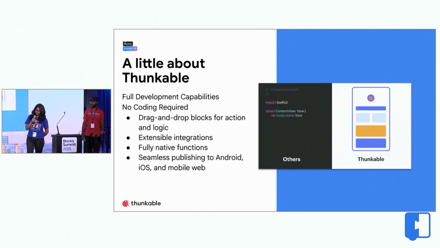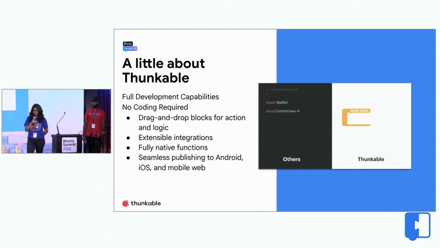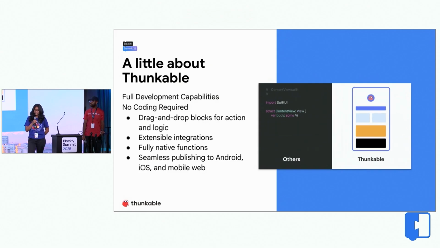A little bit more about Thunkable. We can see from the image here that in other text-based platforms, you have to type a lot in order to create mobile apps. But in Thunkable, you're able to drag and drop components on the designer and then snap the blocks together in order to create mobile apps.